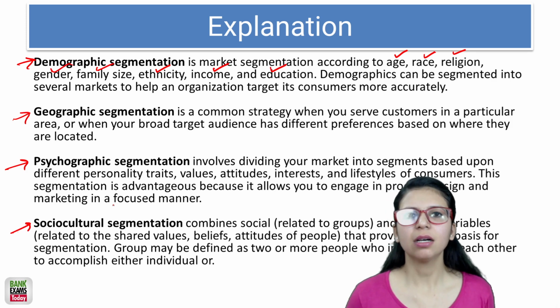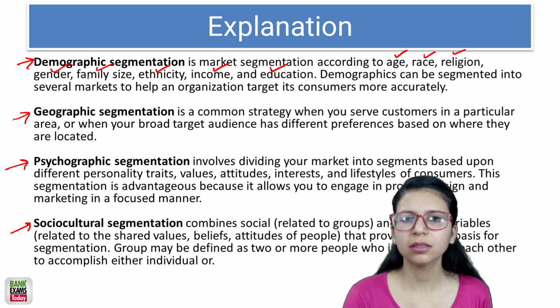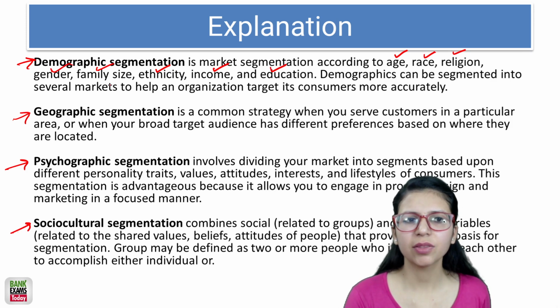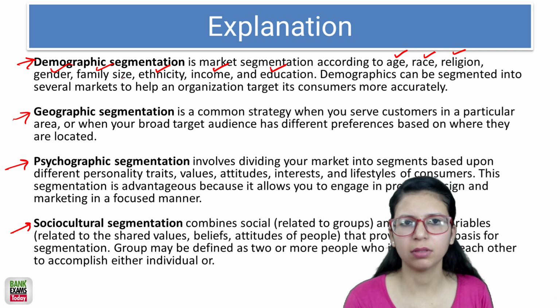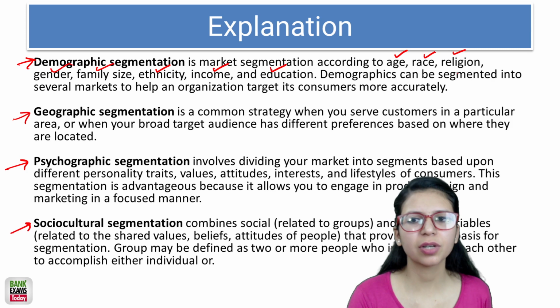So accordingly the market is divided, and the customers are similarly divided into these groups. So demography consists of all of these segmentation bases, that is age, race, religion, gender, family size, ethnicity, income, and education. Okay, whereas geographic segmentation, what is that?